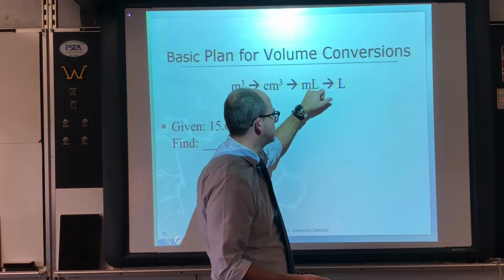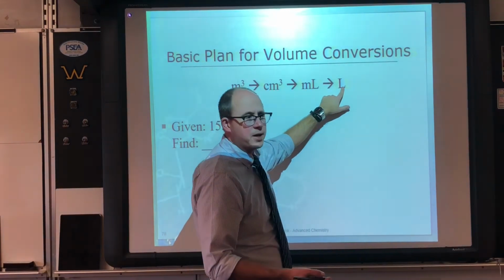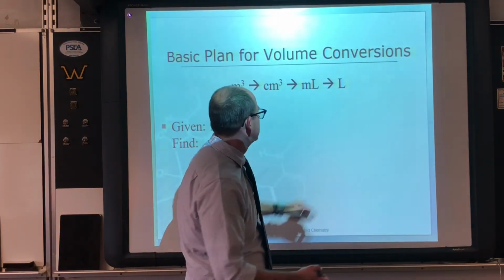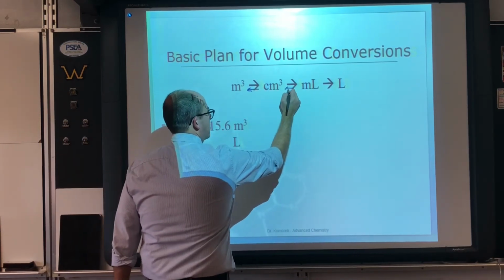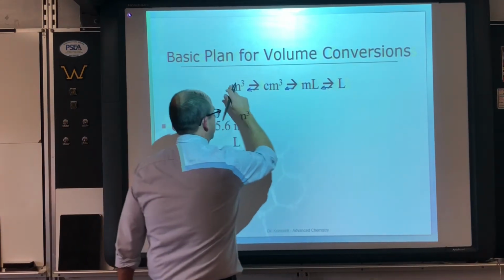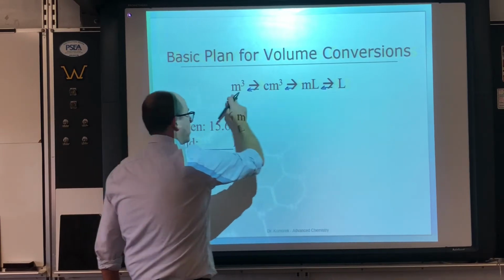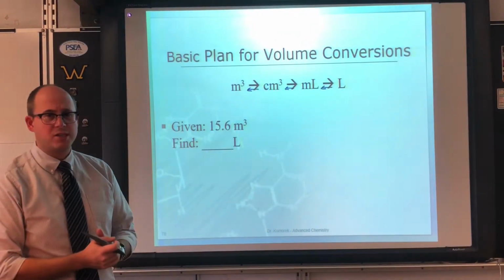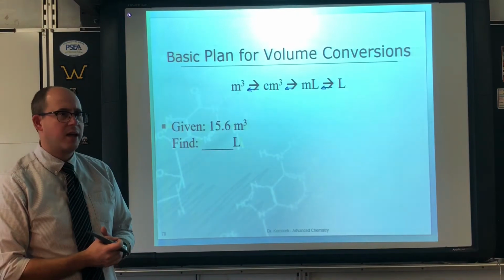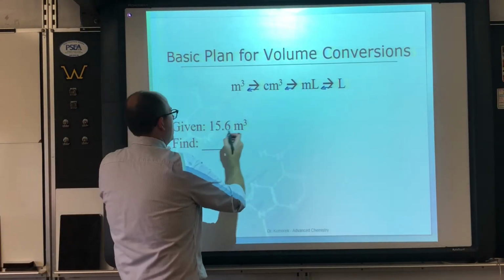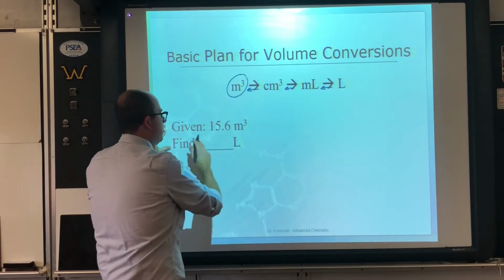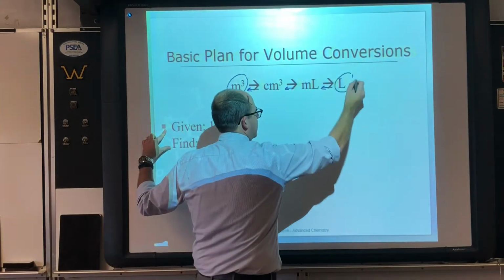Well, not milliliters because we already came from there, but it can be converted to any other liter-based unit. Now, we can write this with the arrows pointing in both directions, showing that we can go this way through the chart or this way through the chart. All that's important is that we find what we're starting on and keep going until we get where we need to be.